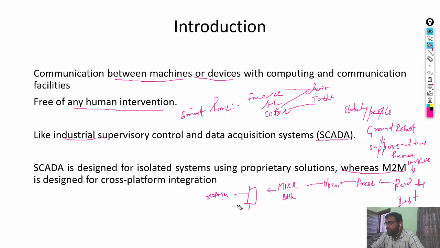Suppose once the robot opens the door of the fridge and finds that in the fridge the milk pot has no milk. The milk bottle is completely empty. Immediately, the fridge or robot or milk pot directly sends a message to the milkman and asks him to give some milk, because the milk pot is empty.